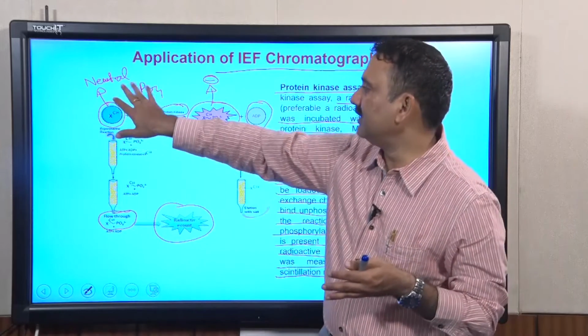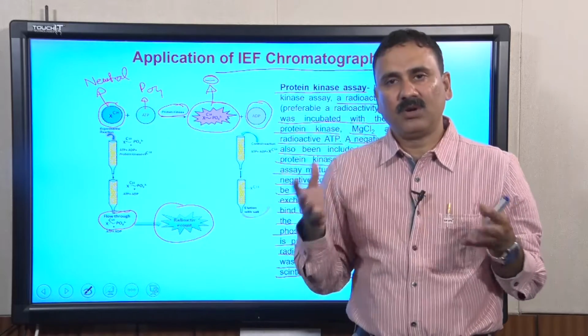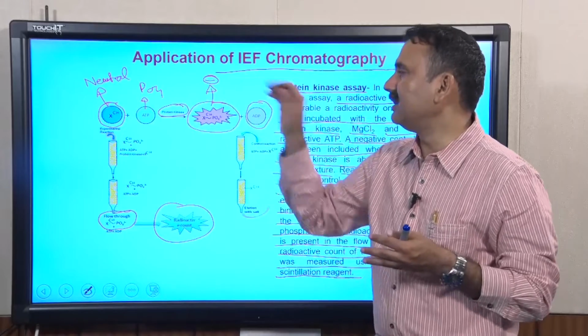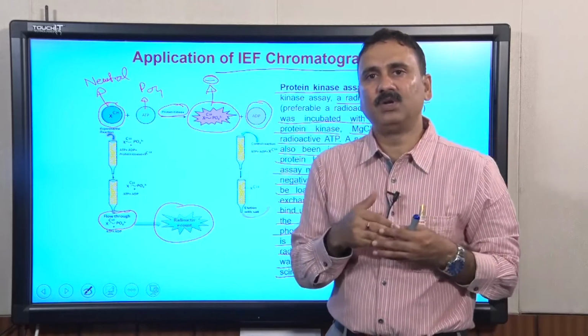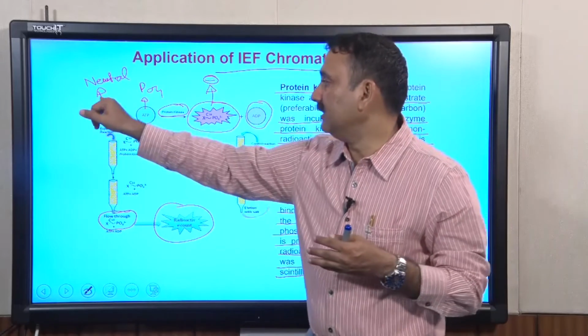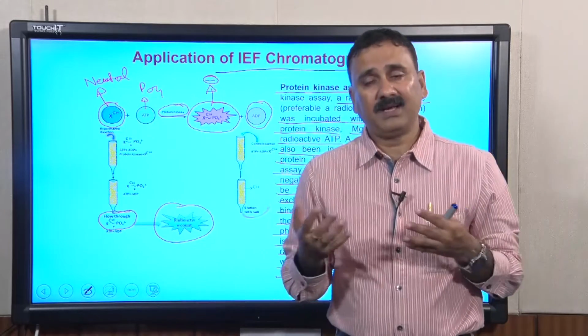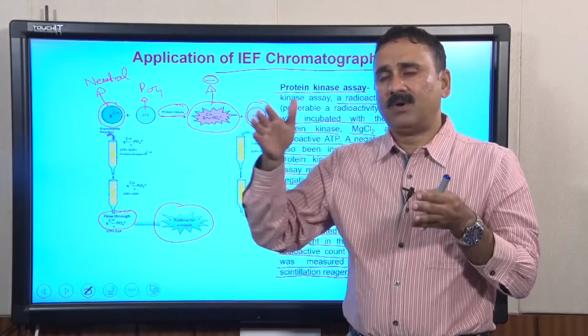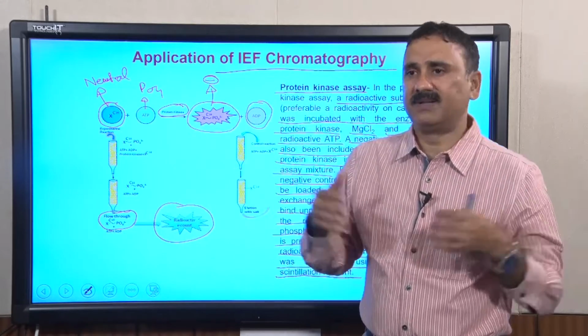For example, in this case the radiolabeled substrate, when it gets modified by the protein kinase activity, becomes negatively charged. That negatively charged molecule will not bind the cation exchange chromatography, whereas the unmodified molecule is going to bind, and that is how you can separate the modified substrate from the unmodified substrate.